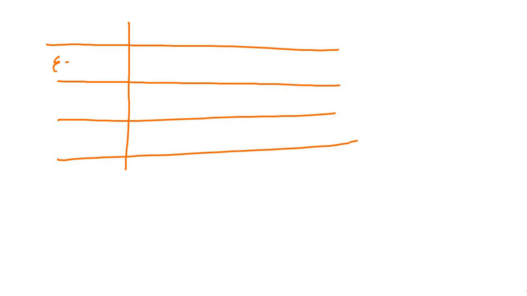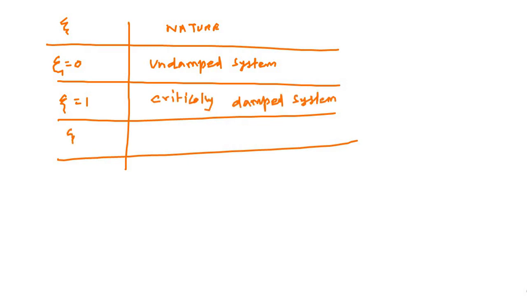So zeta equal to 0 means it is an undamped system. Zeta equal to 1 means it is a critically damped system. Zeta in between 0 and 1 means it is an underdamped system. When zeta is more than 1, that is called an overdamped system.